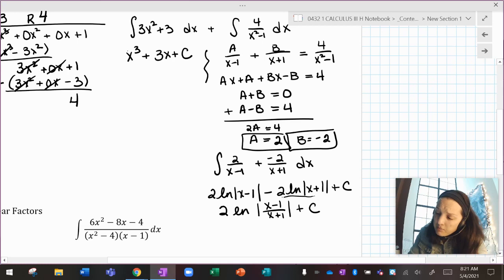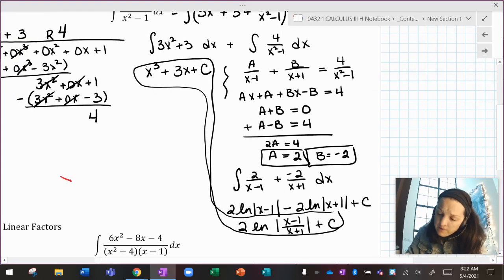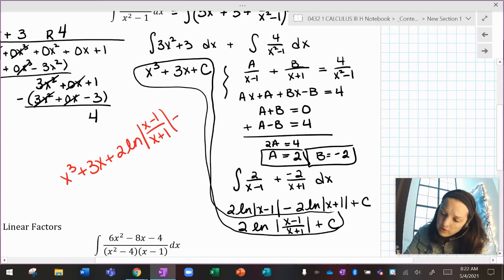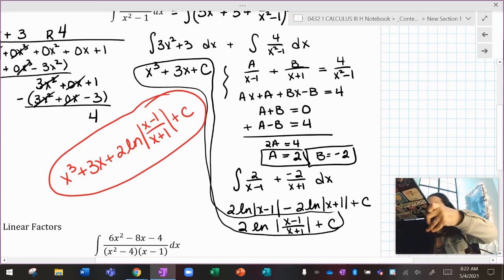When I combine that with this thing up here, I get a final answer of x cubed plus 3x plus 2 ln x minus 1 over x plus 1 plus c. Whew! There was a lot going on there, so I definitely want to check this thing.